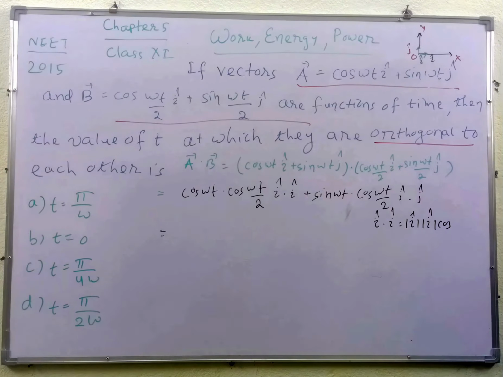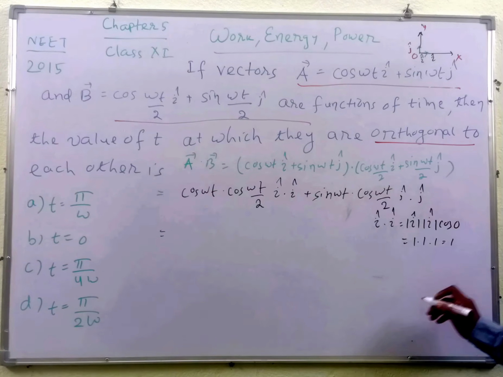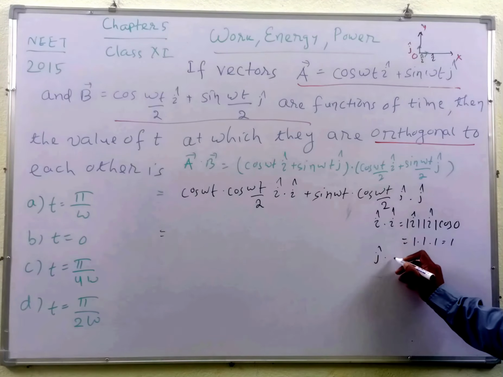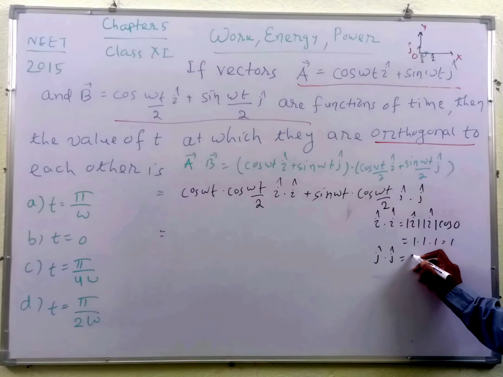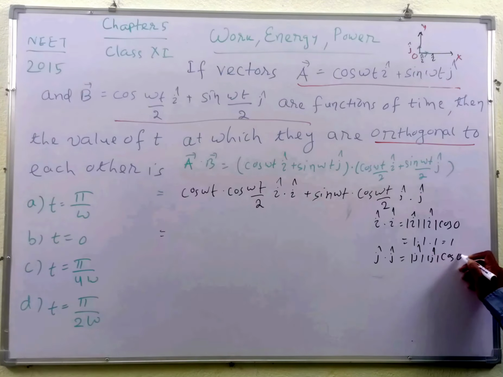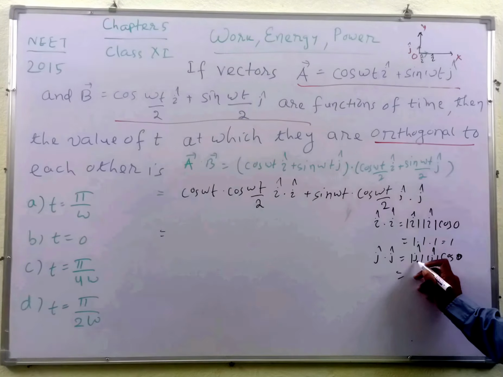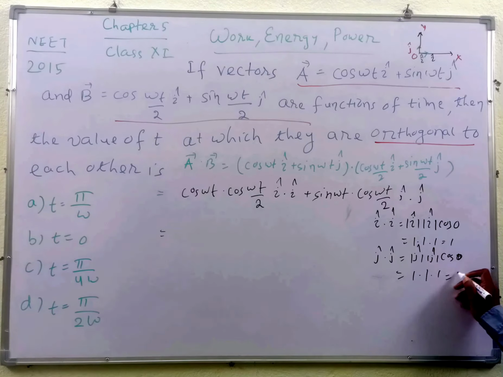What is the angle between i and i? That is 0. So this is 1 into 1 into 1 is equal to 1. Similarly, j cap dot j cap is equal to mod j cap into mod j cap into cosine of 0, the angle between j and j is 0. So this is 1 into 1 into 1 is equal to 1.